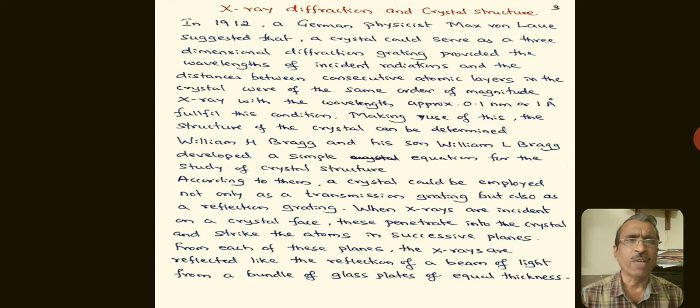X-rays with the wavelength approximately 0.1 nanometer or 1 angstrom fulfill this condition. Making use of this, the structure of crystal can be determined.